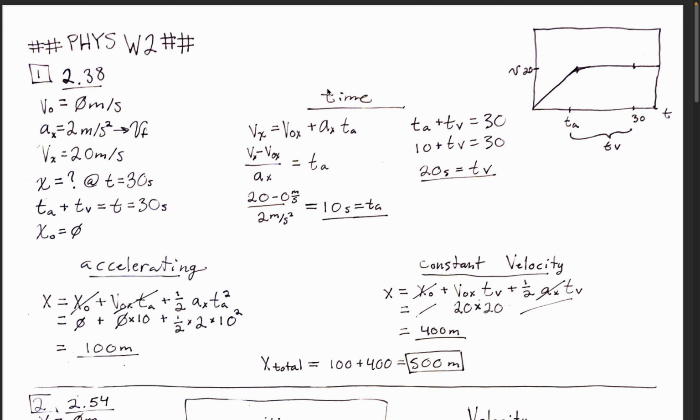So first we're going to calculate time over here, and we use this equation. All of the equations used are from the formula sheet, and they are in the same format that the formula sheet has them all in.